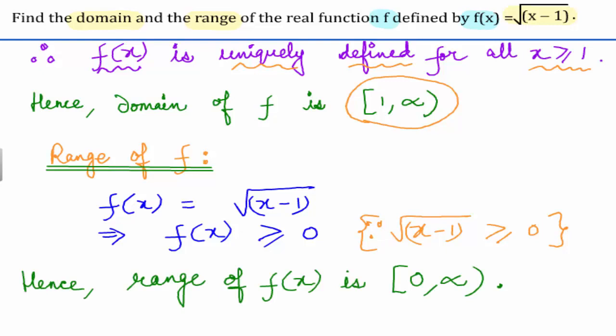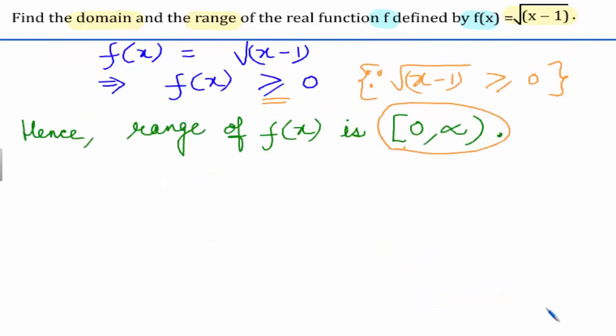Hence, range of f of x is left closed right open interval 0 to infinity. It is left closed because f of x is always greater than or equal to 0. That means 0 is also included in this interval. So with this we come to the end of the solution of this question.